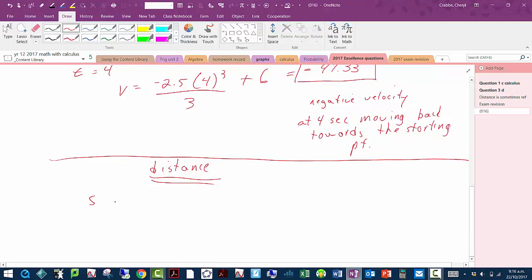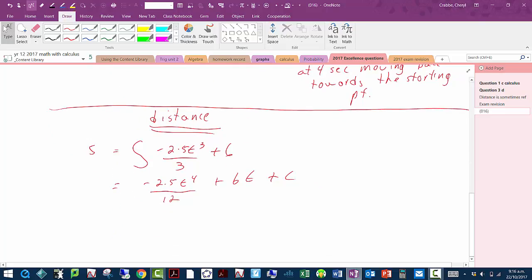We anti-differentiate the velocity function and we get negative 2.5 t to the 4 over 12, because the 4 comes down and times by the 3 to get 12, and then this becomes 6t, and then we've got another C. But we know that initially, at time 0, the distance is 0. It's not gone any distance, so C is 0.